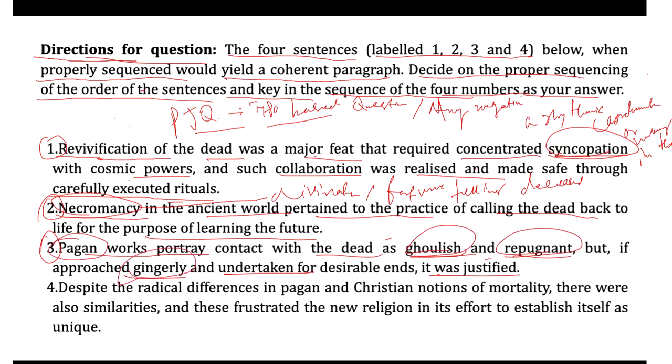This suggests that in pagan literature or beliefs, interacting with the dead is often depicted as eerie and distasteful. Repugnant means distasteful, and ghoulish is also known as eerie, right?